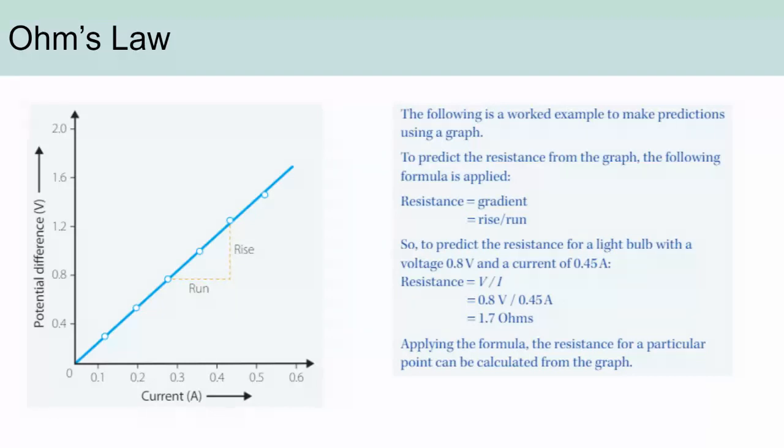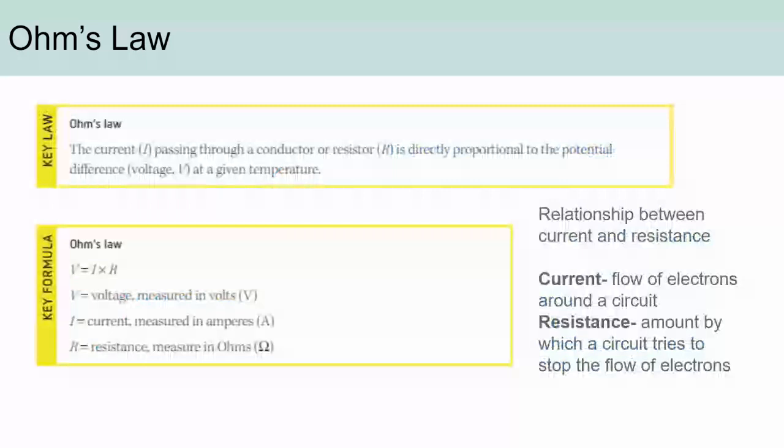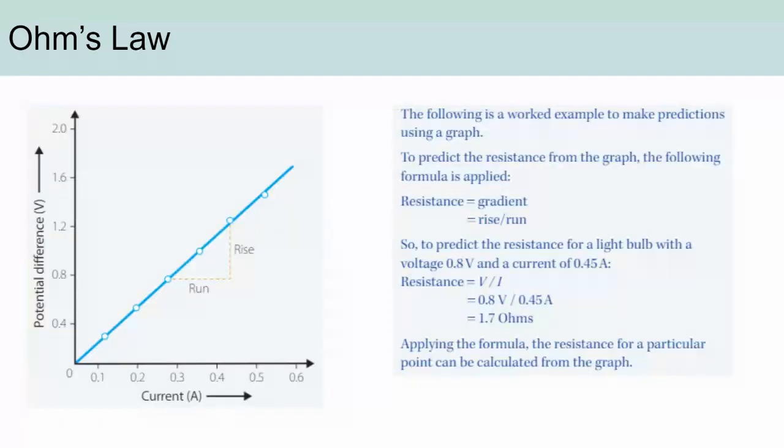Applying the formula allows us to calculate the resistance at a particular point. If we want to find R using algebra, V over I equals R, and we can see here that the predicted resistance would be 1.7 ohms.